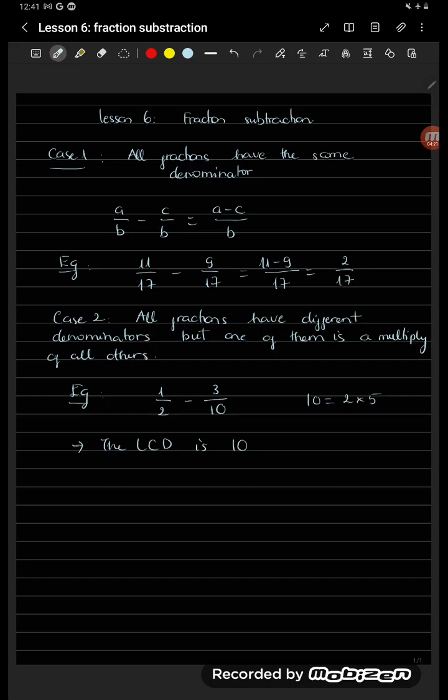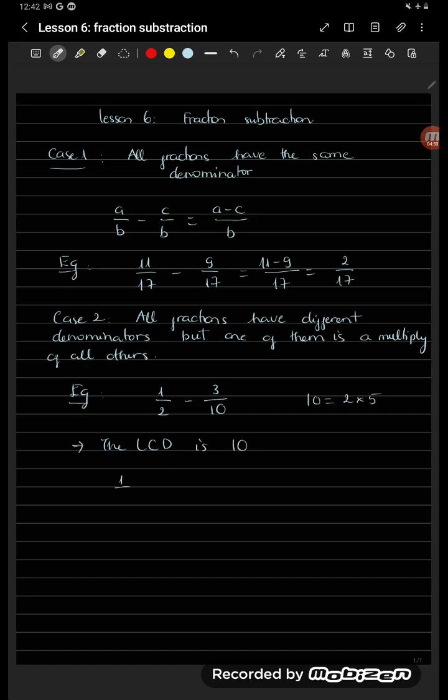So for the second fraction, 3 over 10, you don't need to do anything, just keep it unchanged. We only need to change the first fraction, 1 over 2, to a new fraction with the same value but a denominator of 10, the same as the second fraction.